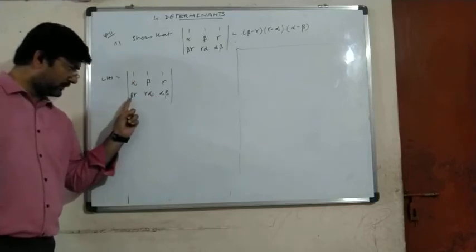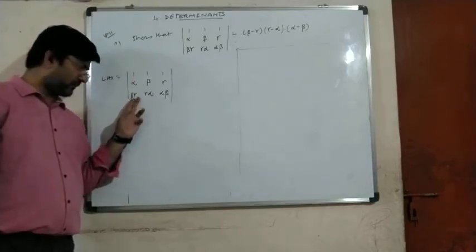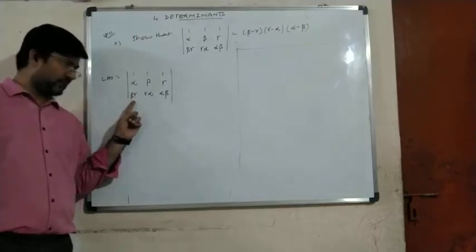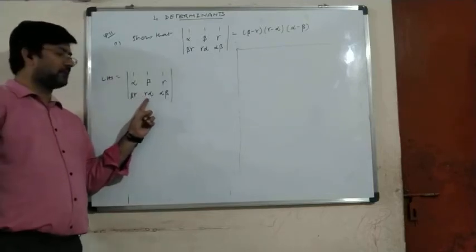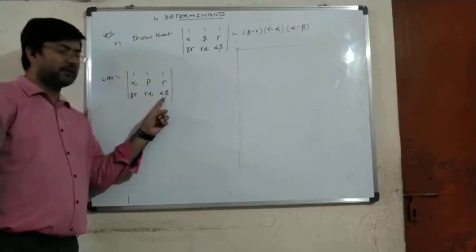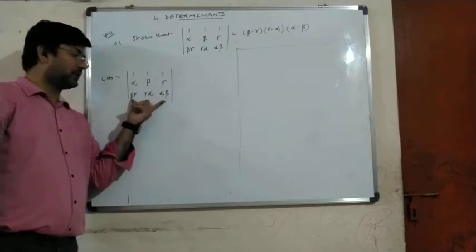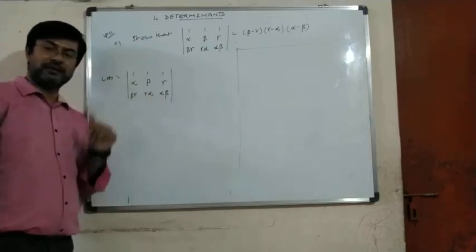Okay, this is beta gamma. If we somehow multiply this term with alpha, it will be alpha beta gamma. Clear? And similarly here gamma alpha is there, so if you multiply with beta, it will be again alpha beta gamma. Similarly here you multiply by gamma, so you will get again alpha beta gamma. So in the third row each element will be alpha beta gamma, so we can then take it common.